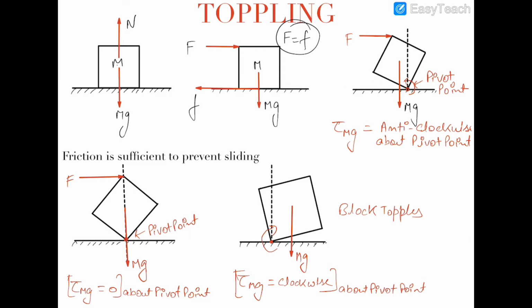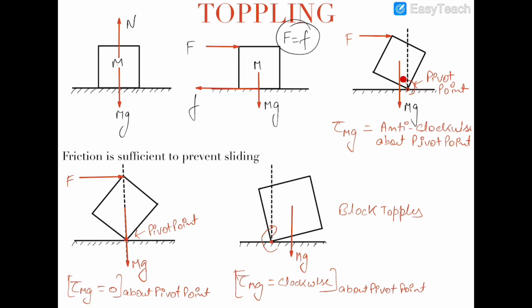So this block will eventually start to topple about this point. In this position the block is on the verge of toppling, and this is the point of contact, also called the effective point of contact or pivot point. If we draw this vertical line passing through this point of contact, then you can see that the torque of this force F is in the clockwise direction.